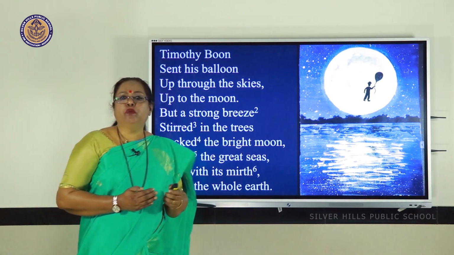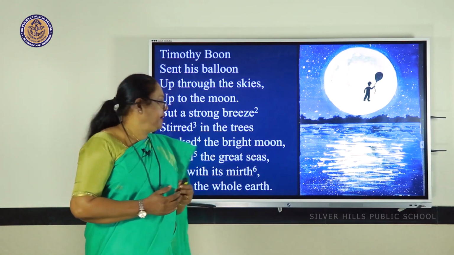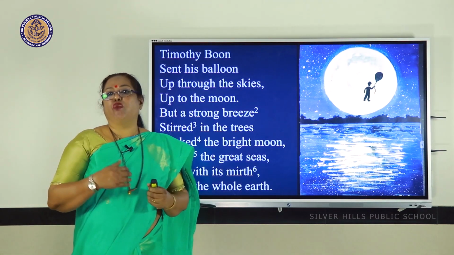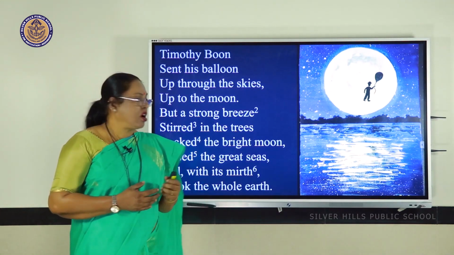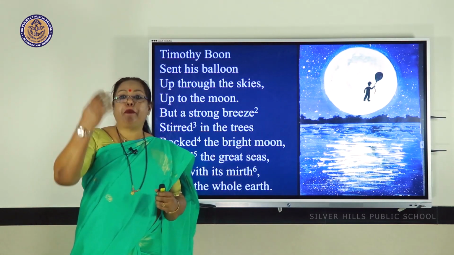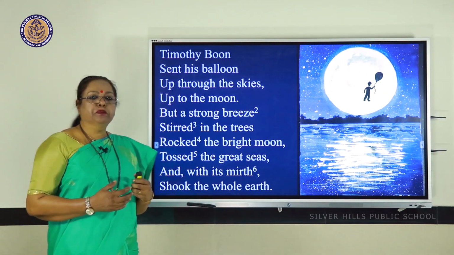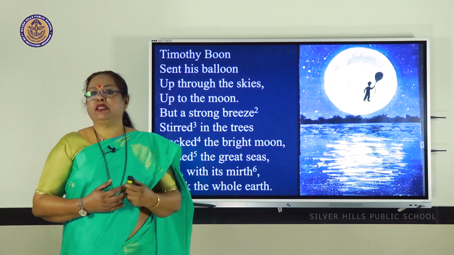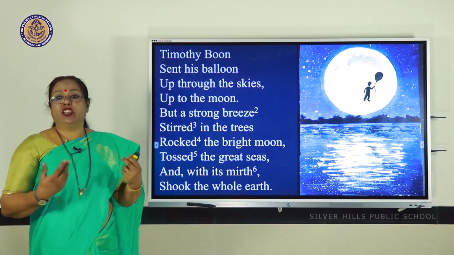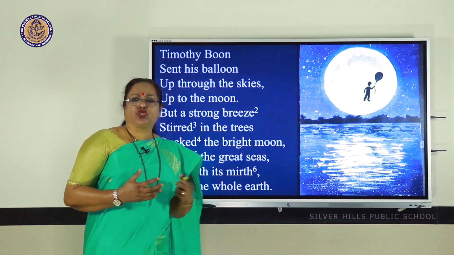It made the moon move from side to side, and it also created waves in the sea. You see, tossed the great seas. Tossed is the waves going up and down. And with its mirth, a merriment, a joy with laughter, the sound, because of the strong breeze.